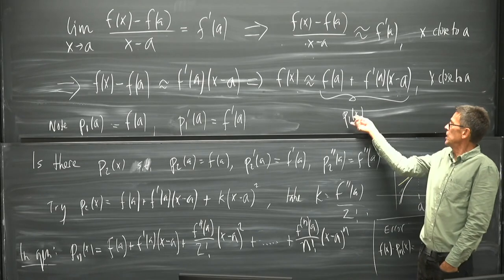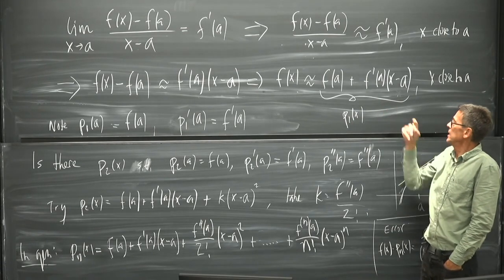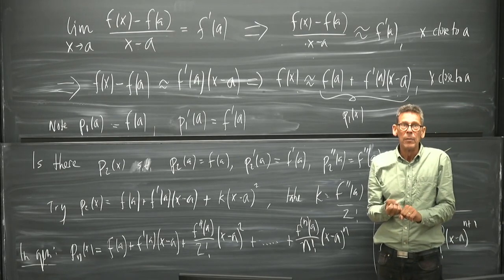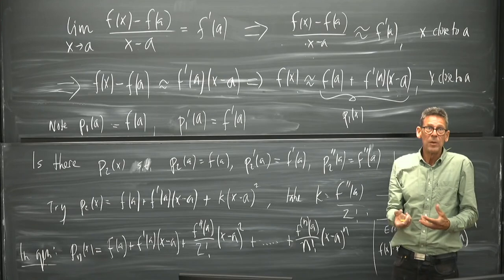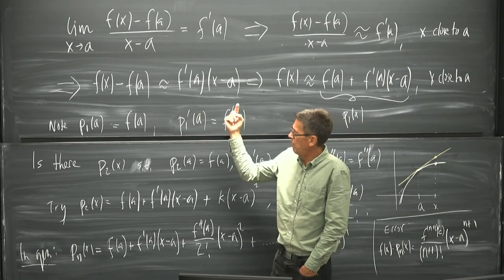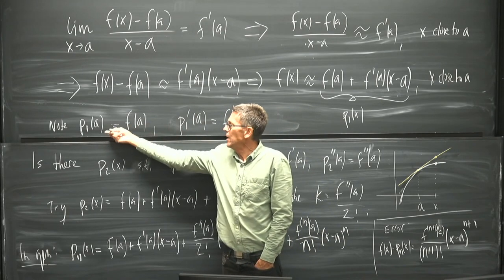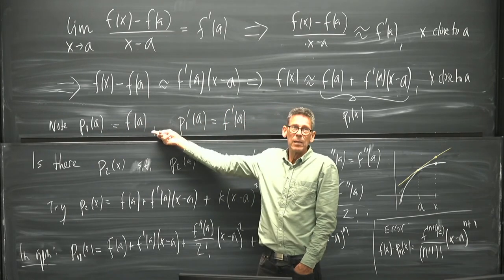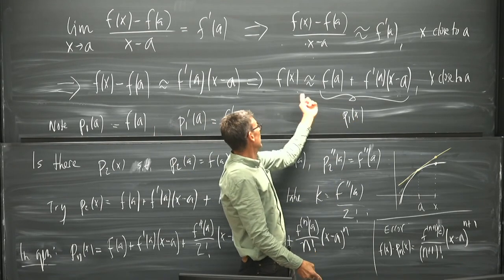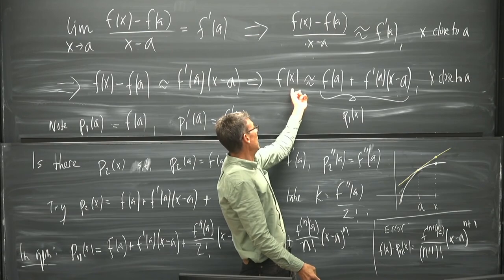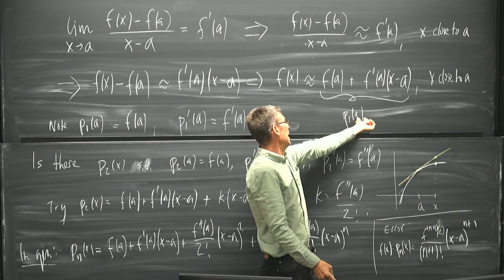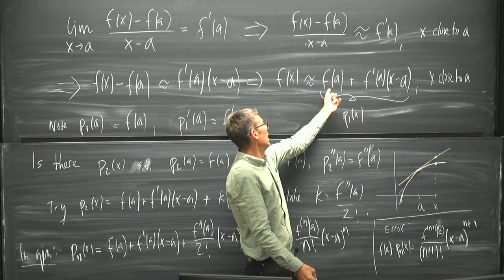And so let's call the right hand side P1 of x. And this is a polynomial of degree 1 that approximates the function f near the point A. And specifically at the very point A, the value of the polynomial is exactly the value of the function, because if you plug in A instead of x here, you get f of A on the right hand side as well, right?